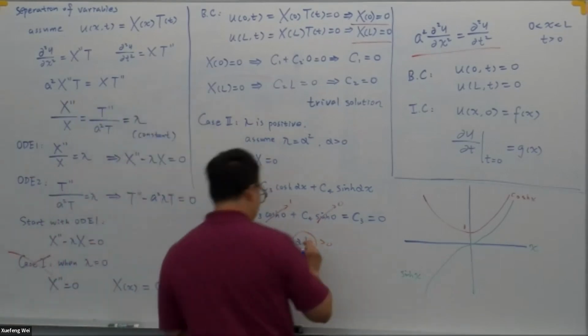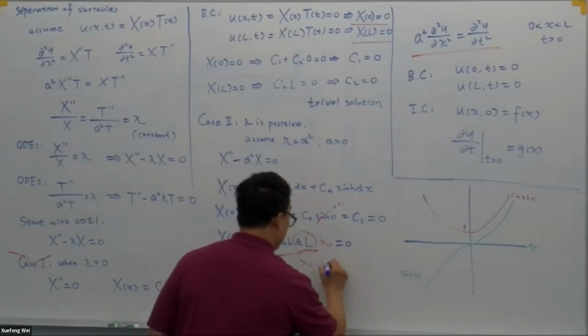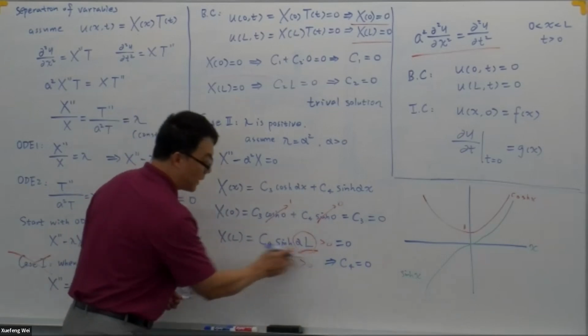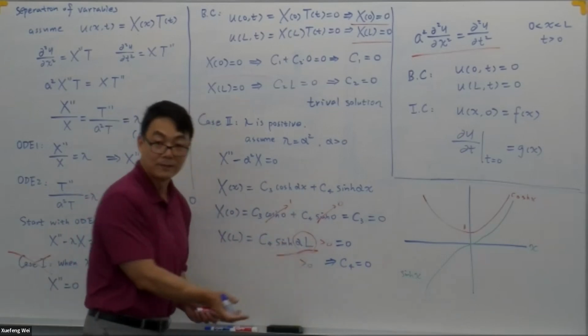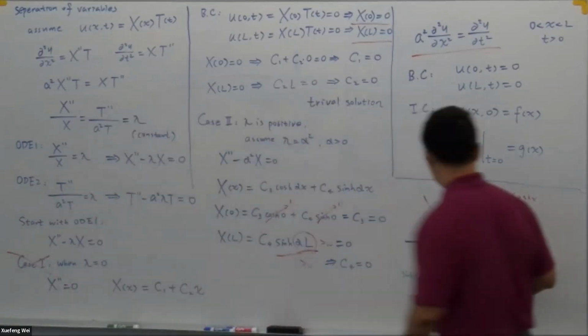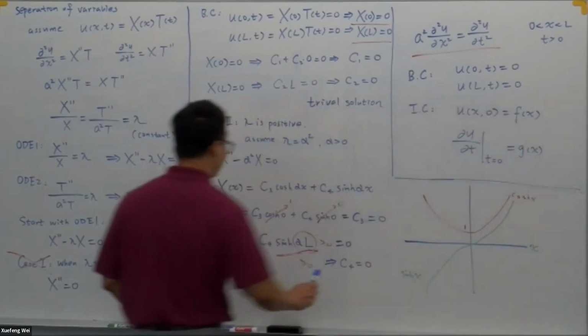So if this has to be equal to 0, that means C4 has to be 0, because sinh of a positive argument is a positive value. So that's why we have forced C4 to be 0.